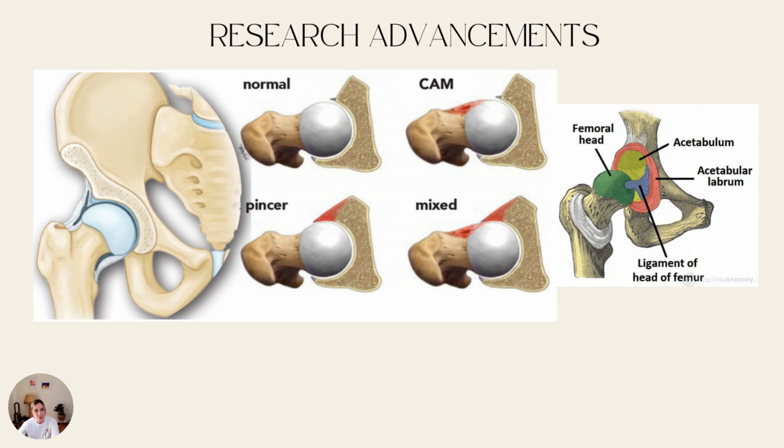We're going to go through cam and pincer impingement and the mixed impingement in a bit. I wanted to bring your attention to the research and to how we now perceive and think about the hip socket and the hip joint.